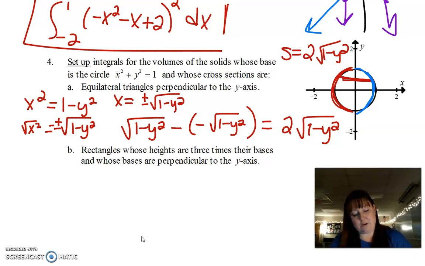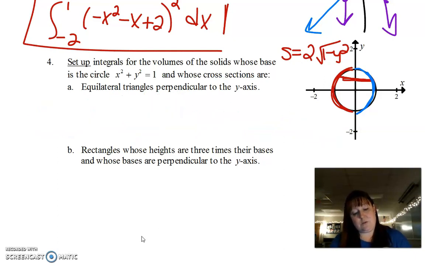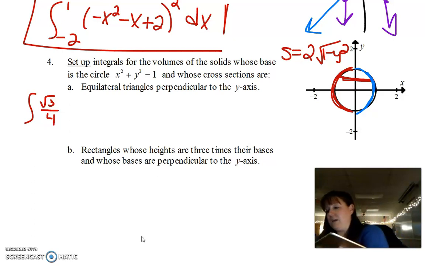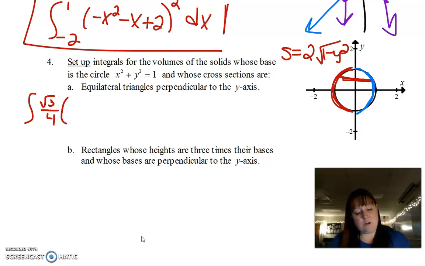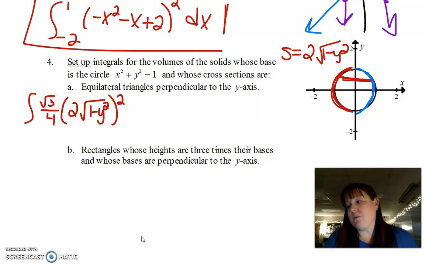Now let's start setting up our integral. Our integral is going to be the integral of the area of the base. The area of an equilateral triangle is square root of 3 over 4 times the side squared. Am I getting that right? Yep, times side squared. We know the side is 2 root 1 minus y squared, and so we square that. Then we have to decide our limits of integration.